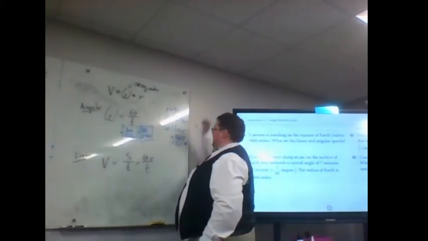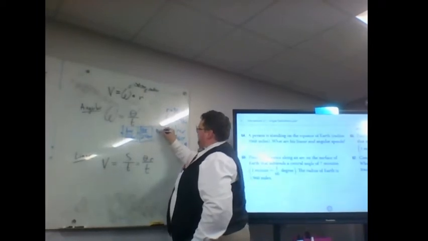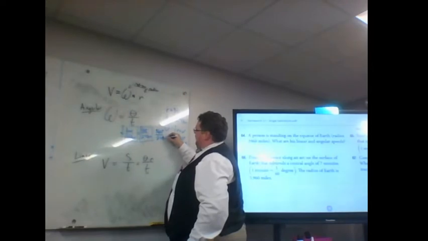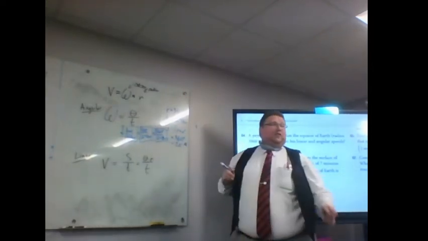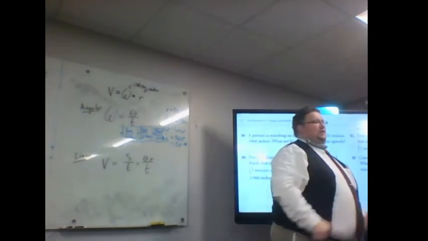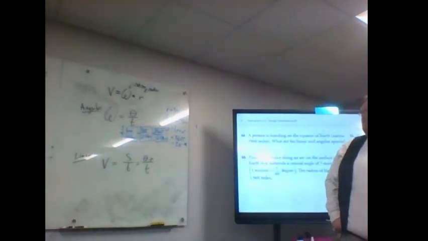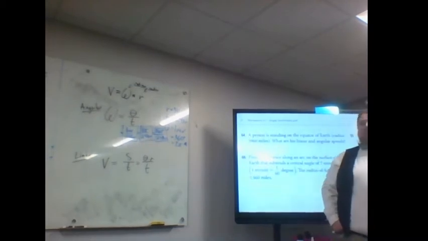You can also get 360 degrees over 24 hours. All 3 of these are considered correct solutions, just in different forms, like Fahrenheit versus Celsius. They're just different versions of the same answer: 1 in revolutions, 1 in radians, 1 in degrees.